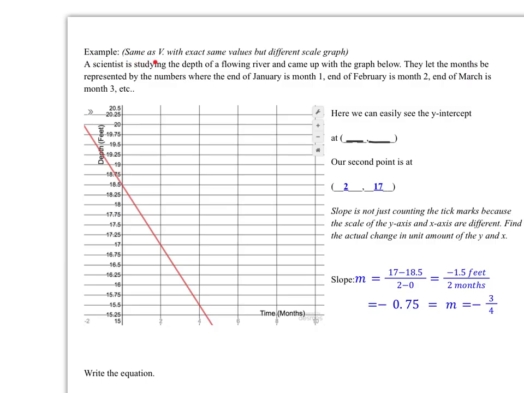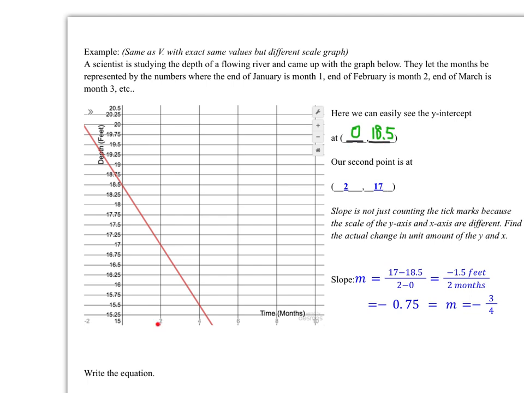This is the same scenario as scenario 5, except the different scaled graph. Notice how changing this graph can change the information that you have about it. Still the same scenario, but this time my graph counts by 0.25. Here I can clearly see that the y-intercept is indeed 18.5 when x is 0.